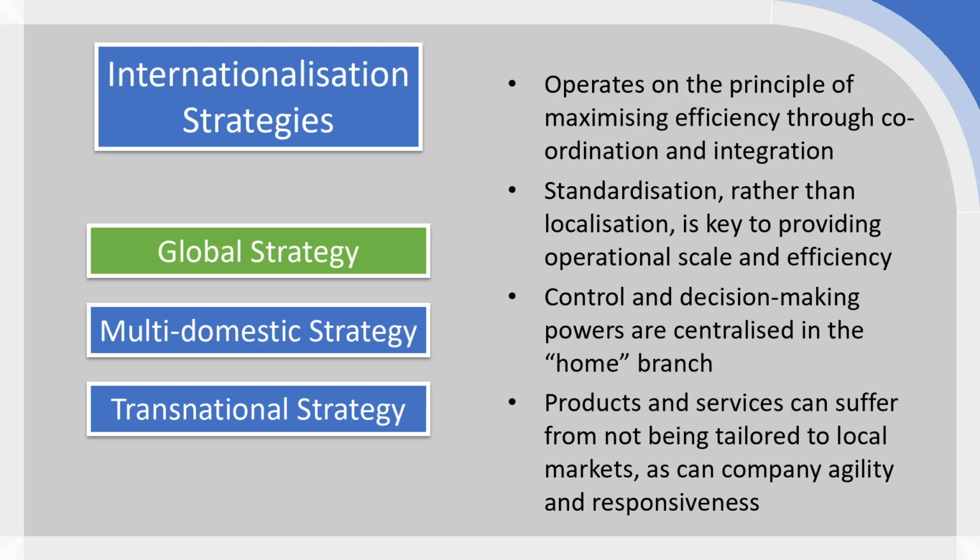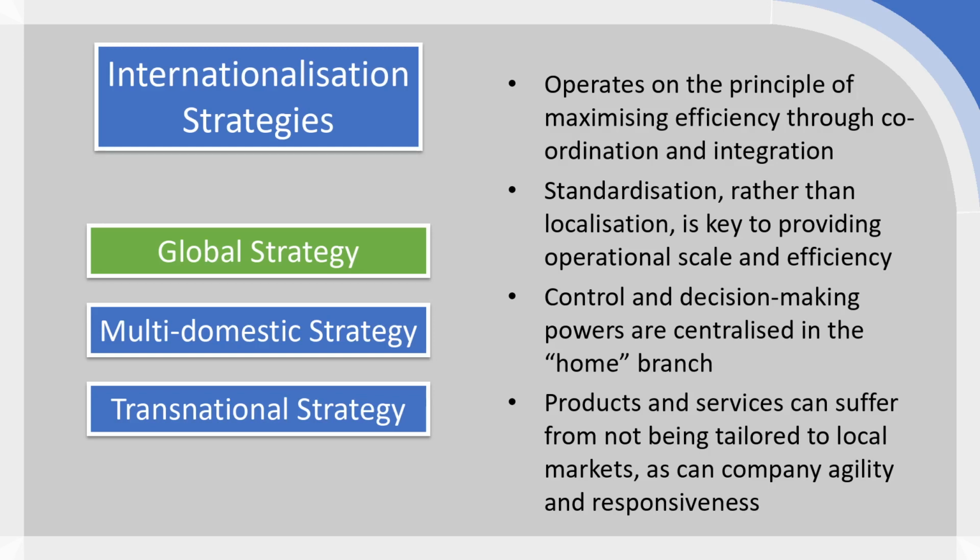So instead of adapting and tweaking our products and services for each individual national market, we want to standardize them into single global products. This is the key that unlocks operational scale and efficiency.